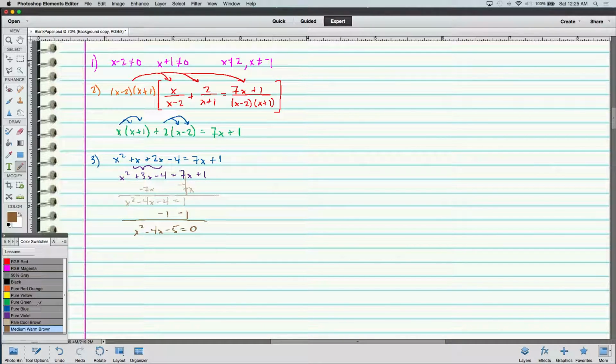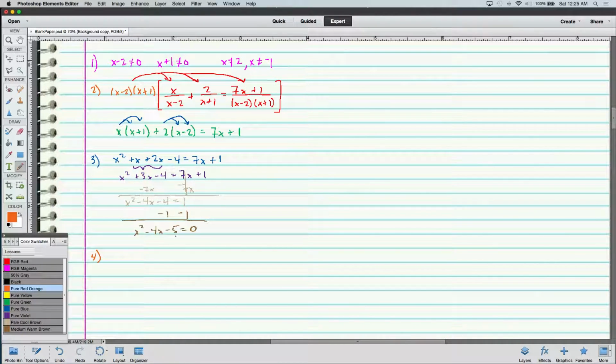So now step 4. Step 4, we need to factor this. Well, we don't have an a here on the left side. So now we just have to find factors of 5 that are going to give us our negative 4. And we know that a negative 5 and a positive 1 will give us our negative 4.